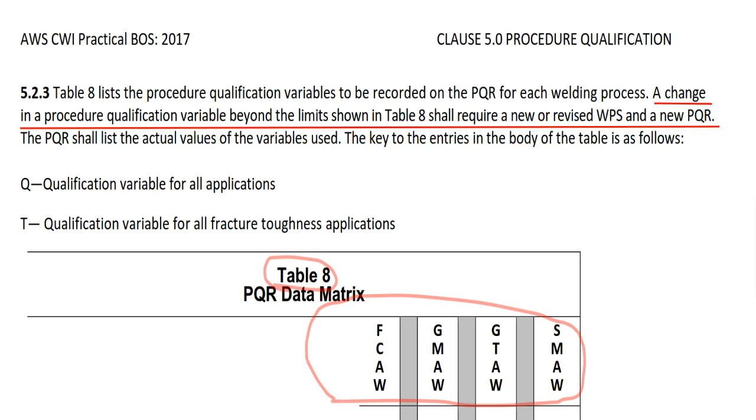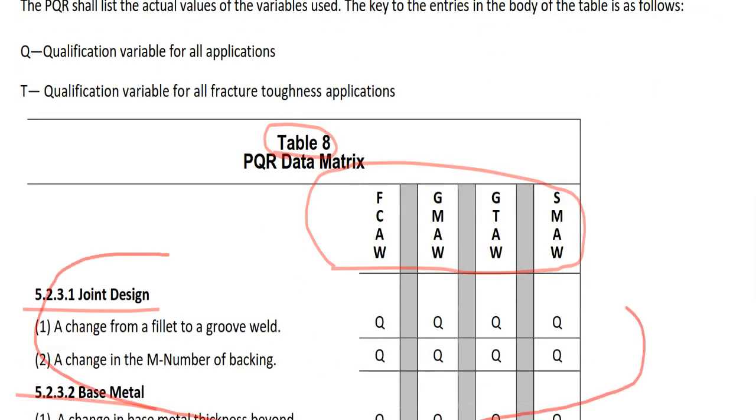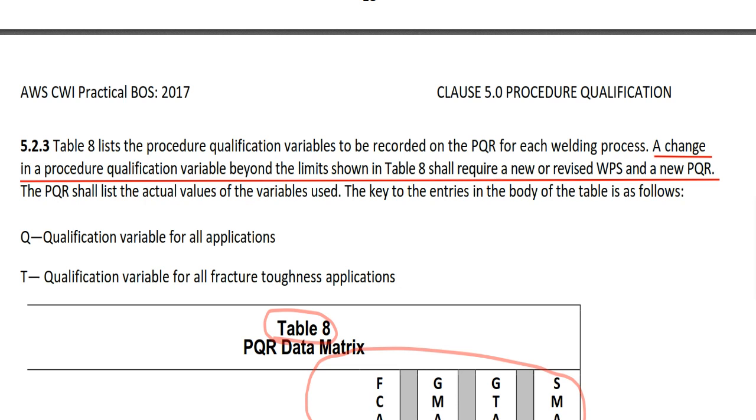A change in a procedure qualification variable beyond the limits shown in Table 8 shall require a new or revised WPS and new PQR. If a procedure qualification variable listed in Table 8 changes beyond the limits shown, it requires a new or revised WPS or new PQR.